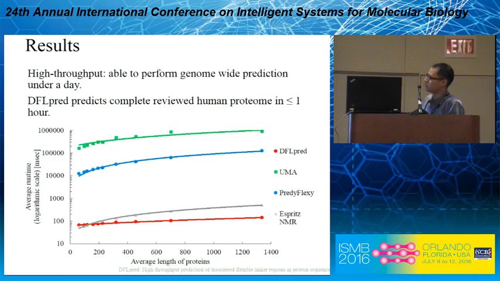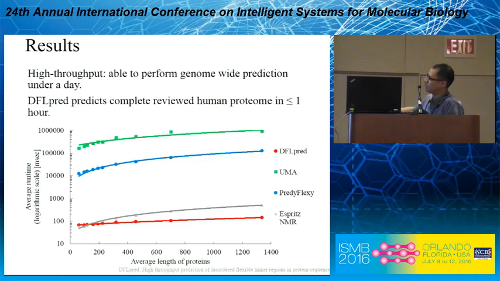On the x-axis, we have the average length of proteins. We divided the proteins in our training and test set in different groups by their lengths, and we record their average runtime per protein for proteins in these groups, measured in milliseconds on a logarithmic scale.